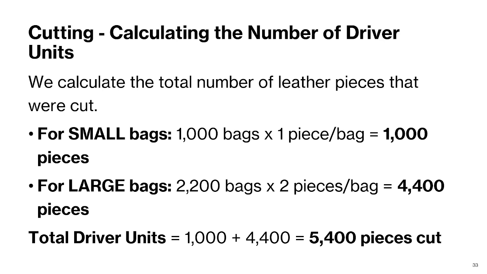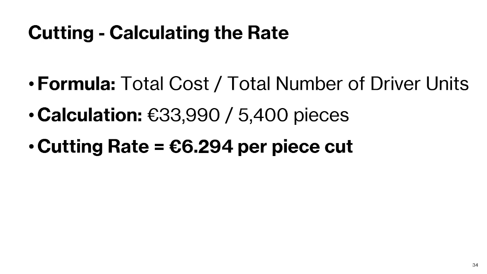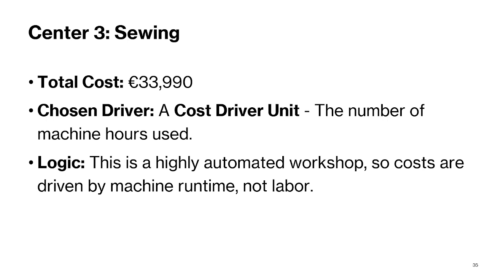So we calculate the total number of laser pieces cut. For a small bag, we use one piece of laser per bag, and for a larger bag we use two pieces of laser per bag. So we have a total of 5,400 driver units in the cutting center, pieces of laser cut. Now we use the formula of total cost divided by total number of driver units. It means that the cutting cost rate is 6.294 per piece cut.